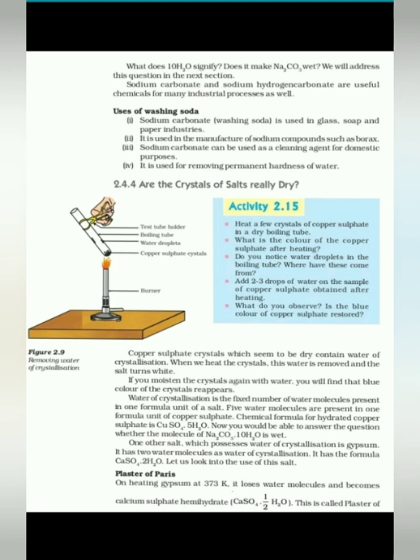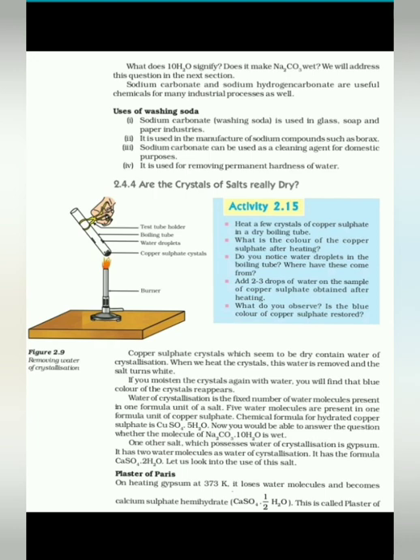Copper sulfate crystals which seem to be dry contain water of crystallization. If you moisten the crystals again with water, you will find the blue color of the crystal reappears. Water of crystallization is a fixed number of water molecules present in one formula unit of salt. So what is water of crystallization?